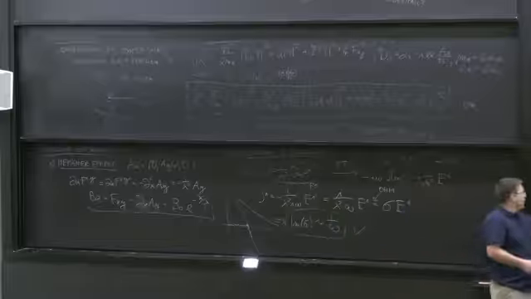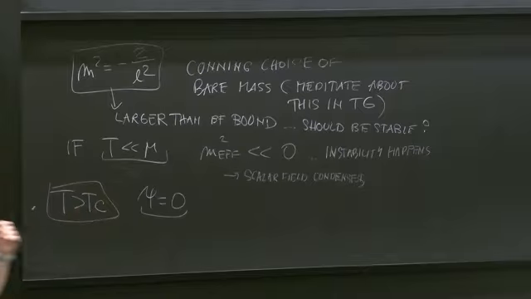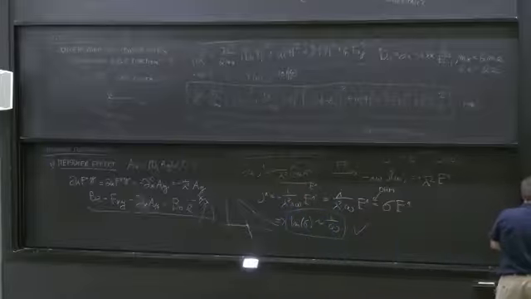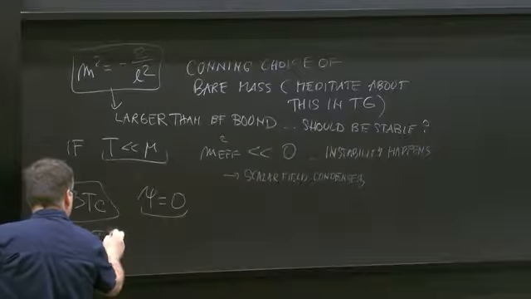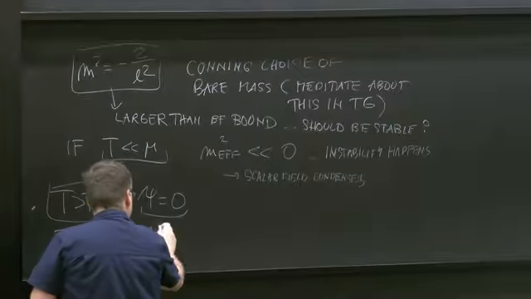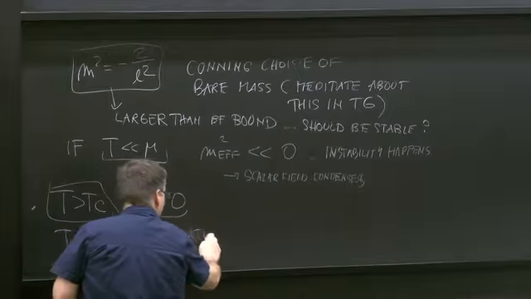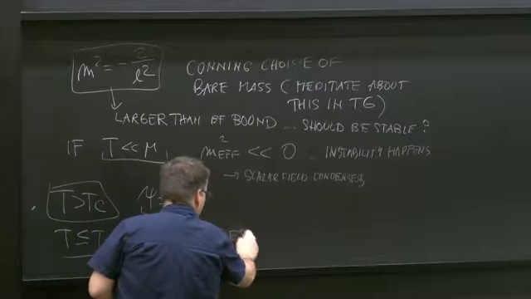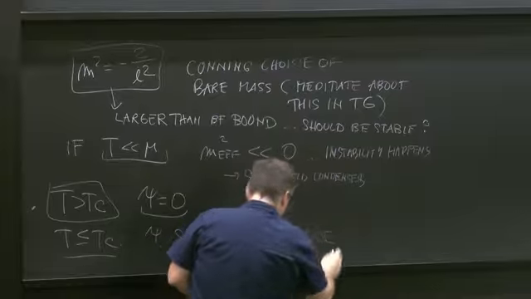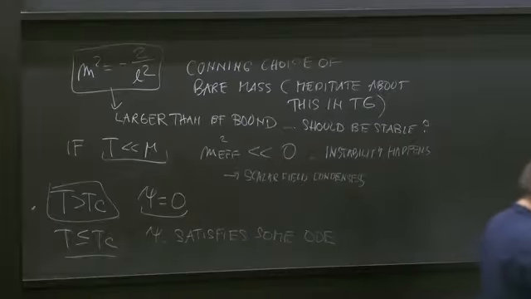So if T is bigger than Tc, the solution of the differential equation is psi equal to 0. If T is smaller than Tc, but not too small, then psi satisfies some ODE. The details of that ODE are not important.